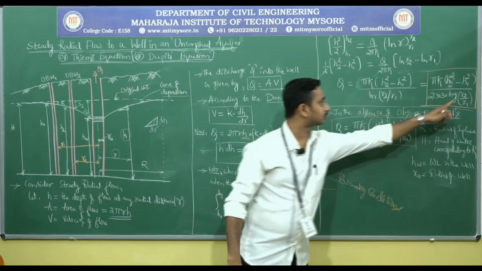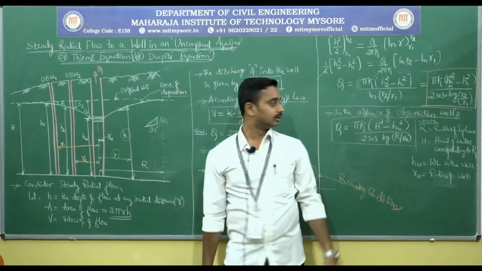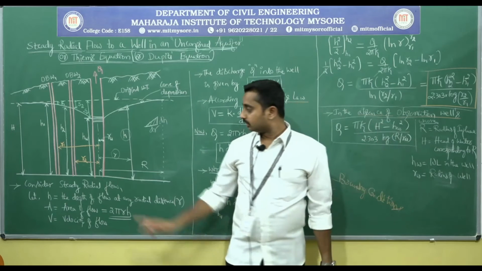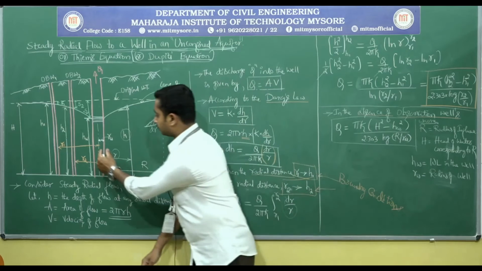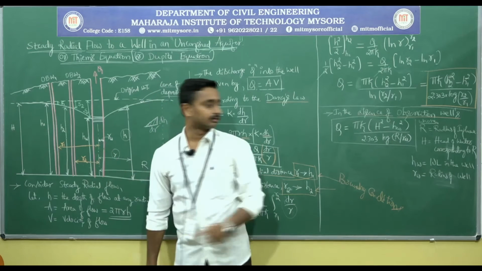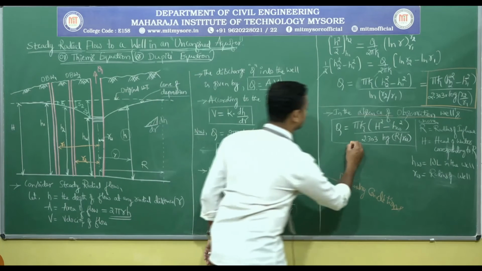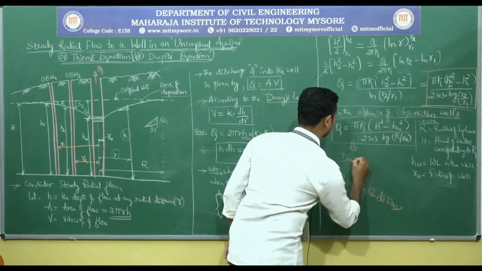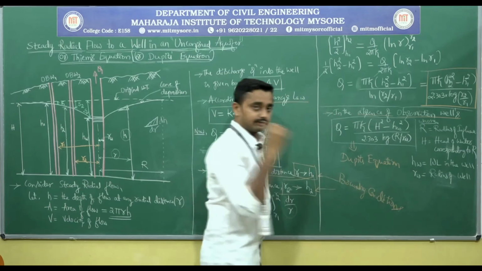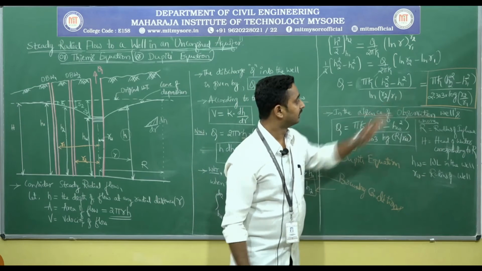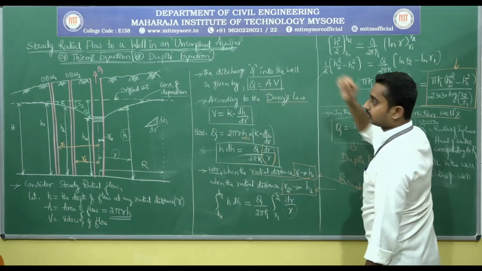This term is replaced by capital R, the radius of influence, up to the cone of depression, divided by r1. This r1 is replaced by rw, the radius of the pumping well. This equation is known as Dupuit's equation. If there is an observation well, then this is Thiem's equation for steady radial flow in case of an unconfined aquifer.